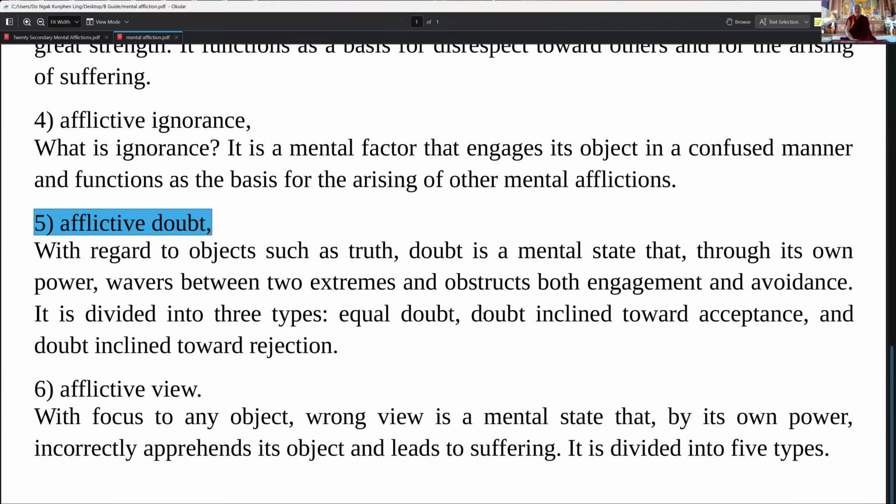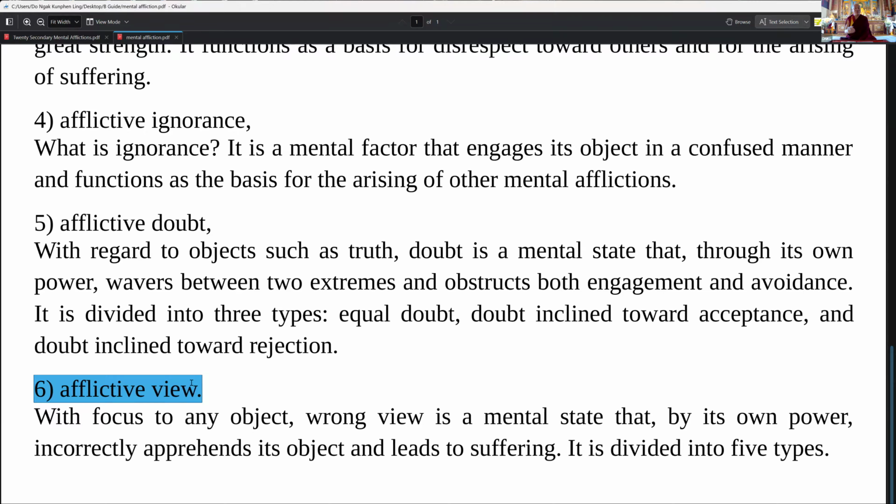And then the last, the sixth one, is what we call wrong view. Wrong view is when you observe any object but think about it in exactly the wrong way. I can go back to the same example, impermanent. Thinking that relationships are permanent is wrong.